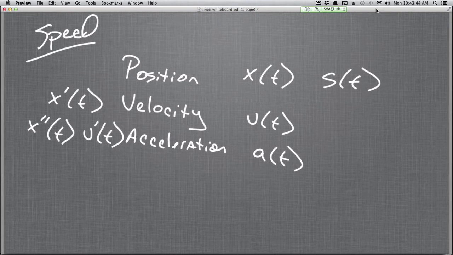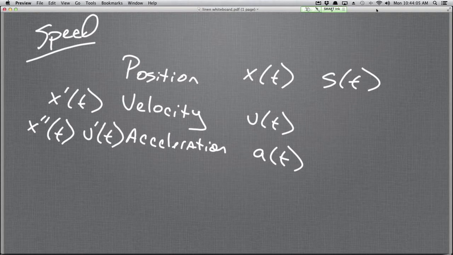Down, left, or back. So when velocity is positive, I'm moving forward, right, or up. When velocity is negative, I'm moving backwards, left, or down. Questions on that?